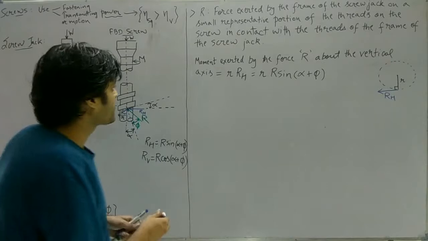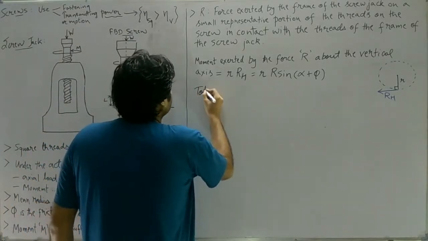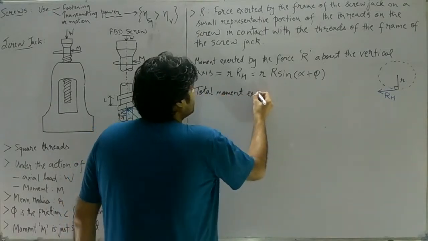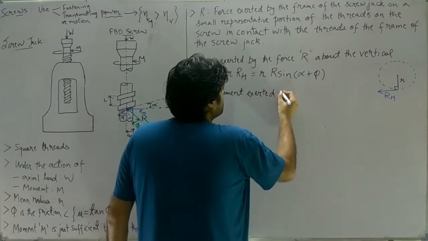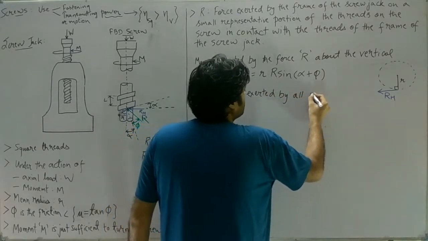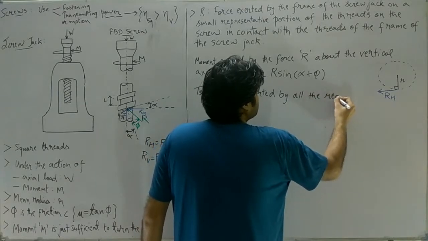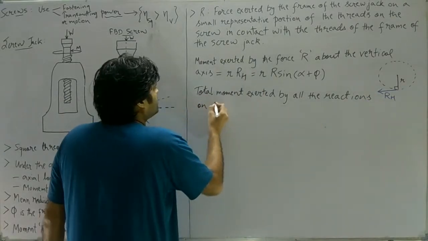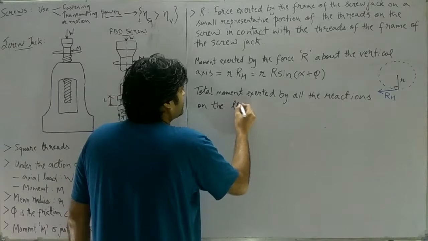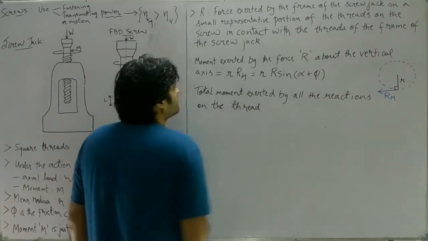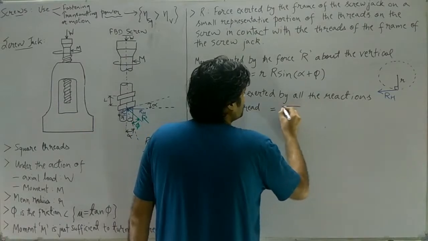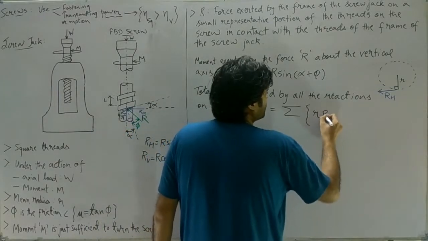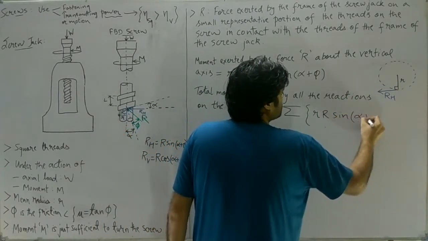Okay. So if we write the total moment exerted by all the reactions on the thread, this is equal to the summation of small r into capital R sine(alpha plus phi).